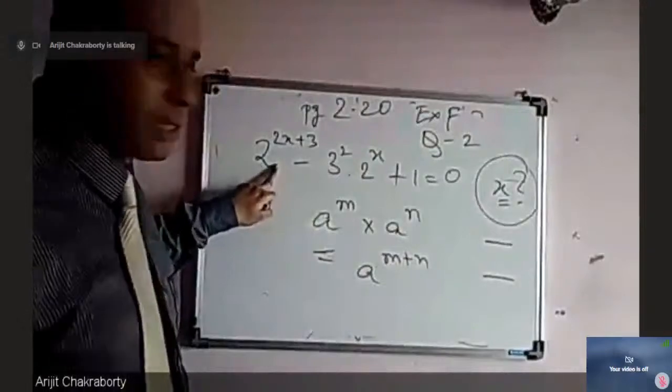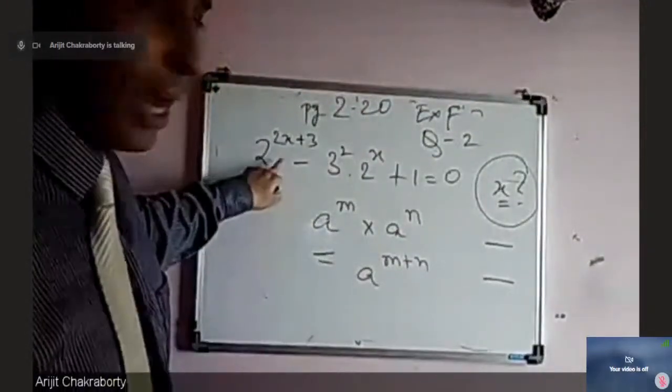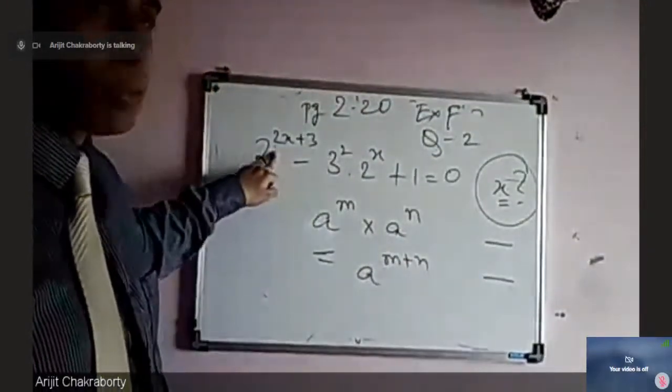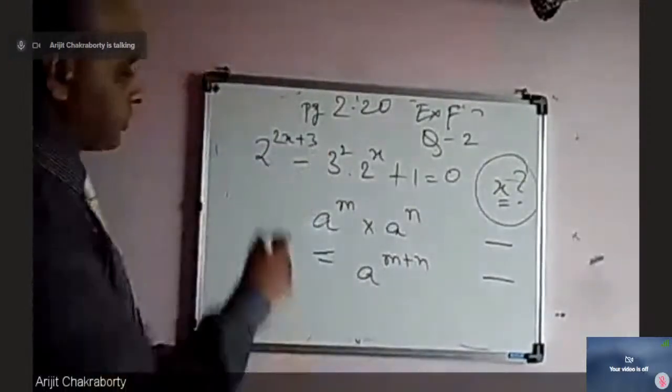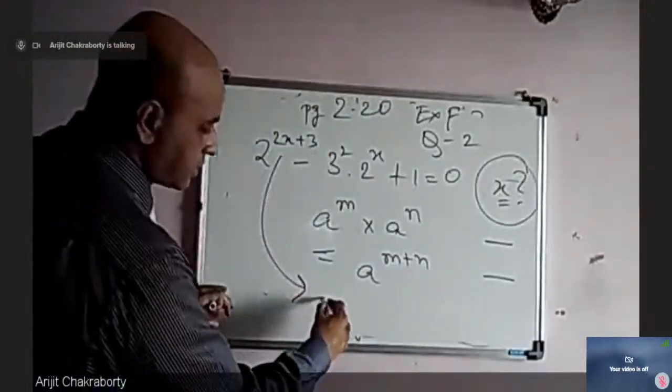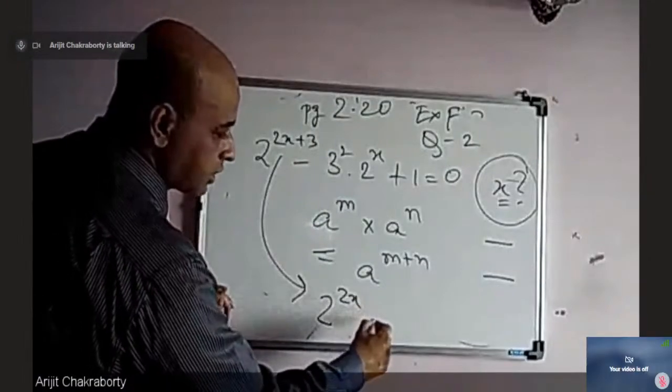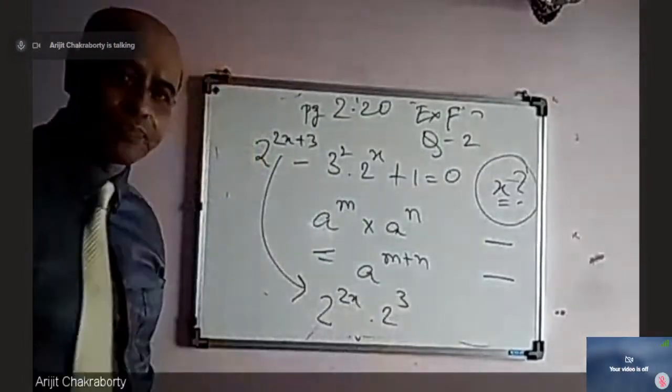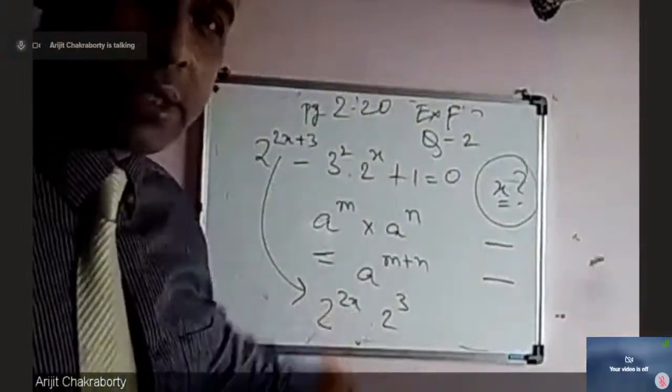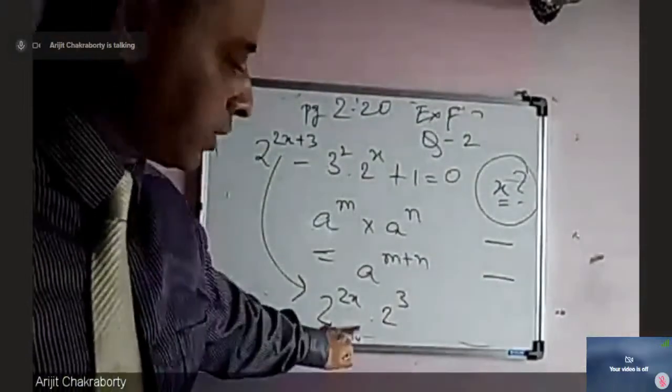This you know. So if you have this equation and the first part is 2 to the power 2x plus 3, then I can write this as 2 to the power 2x into 2 to the power 3. I hope you can follow this.